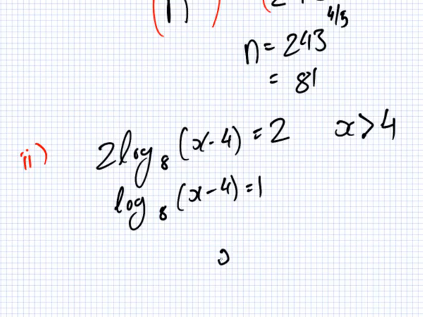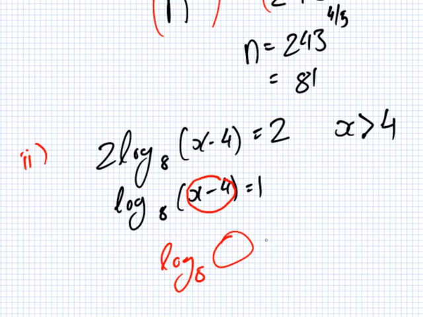If you're really awake, maybe you could get the answer here. What must x be? What number must go here so that log base 8 of the number equals 1?